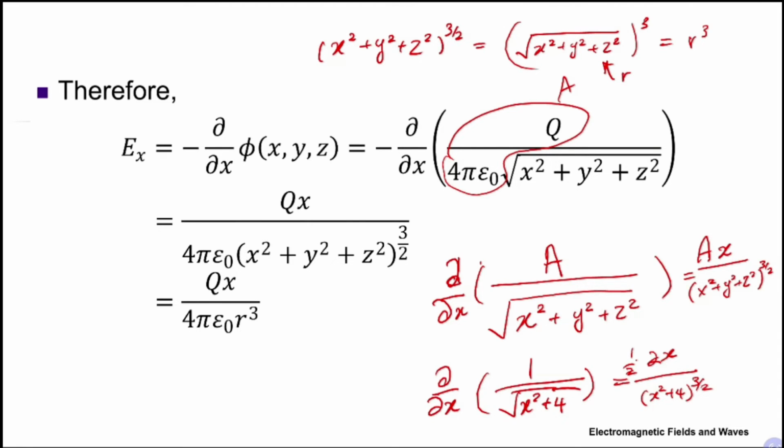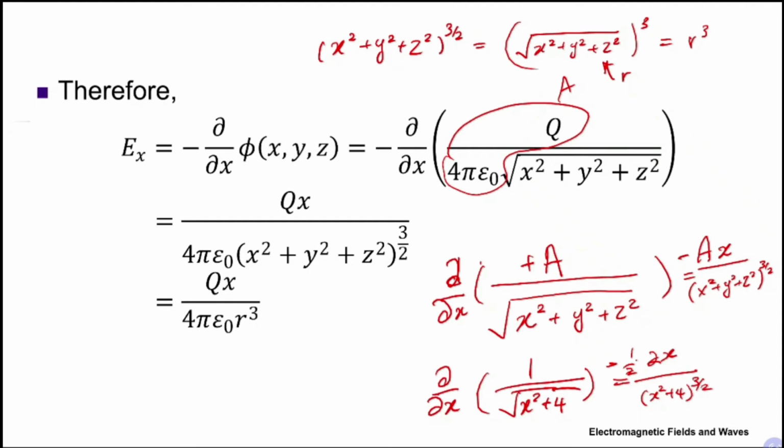So my electric field should have a negative, no, positive, negative here, because it's 1 over the square root.